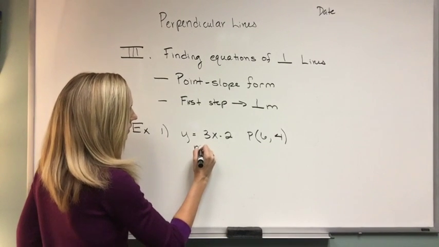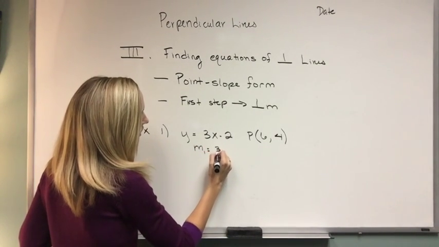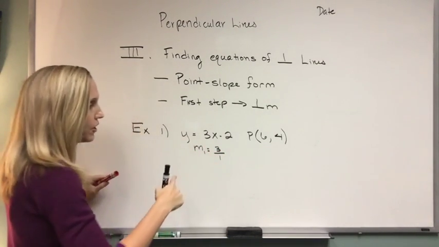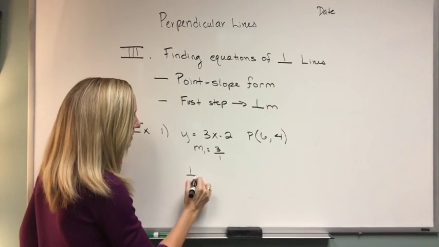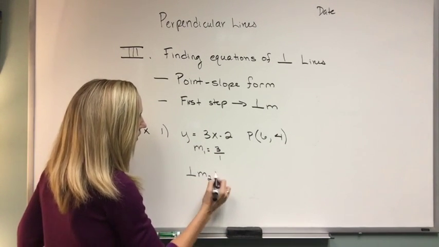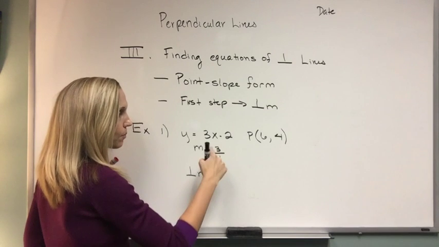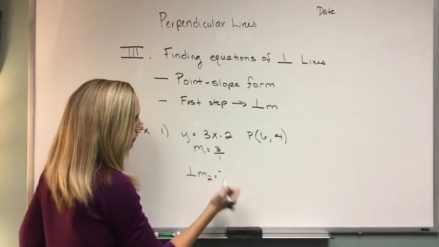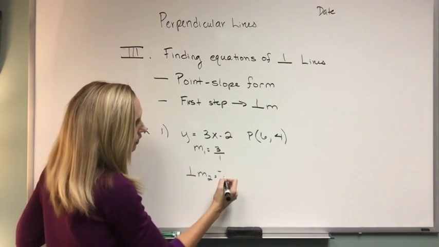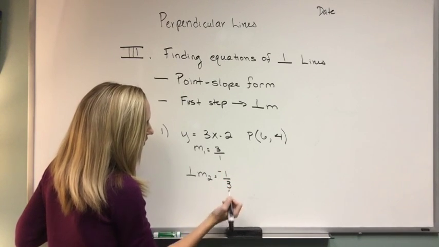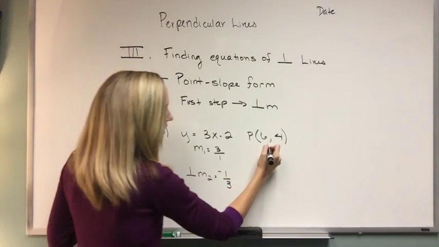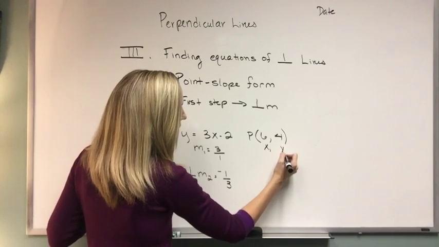So m1 is 3 over 1. We're always going to write it as a fraction. So therefore my perpendicular slope has to be the opposite. So I'm going to go from positive to negative, and then I'm going to take the reciprocal, which is 1 over 3. And then I have my point here, which is x1, y1.